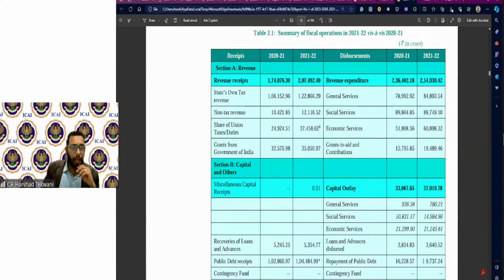When is the government supposed to recognize non-tax revenue, or revenue from grants from the Government of India: on accrual basis, or on cash basis? All these questions will come into your mind when you try to audit it.